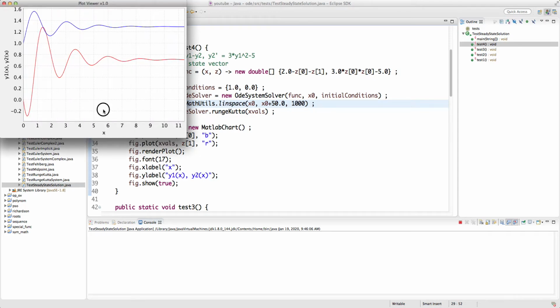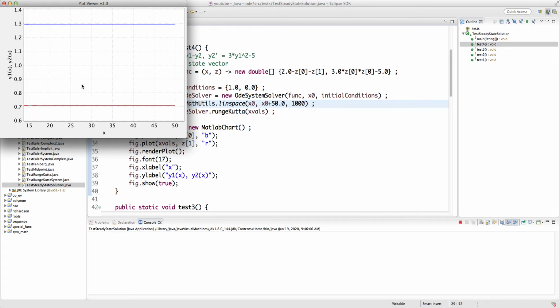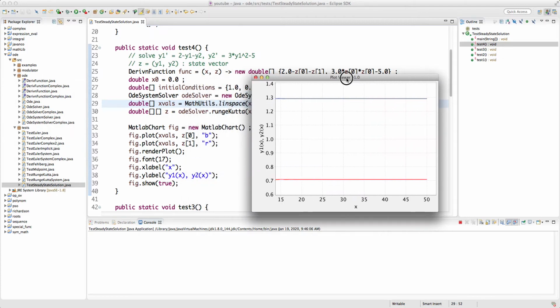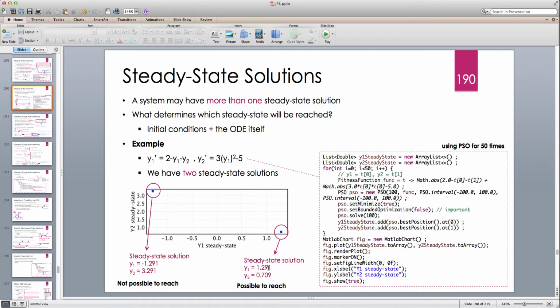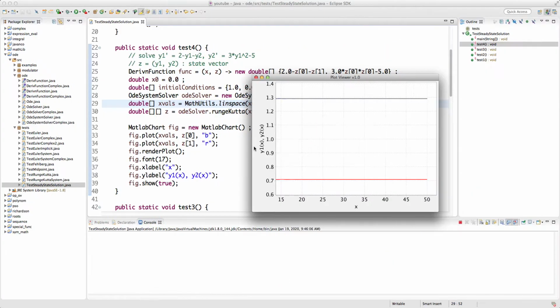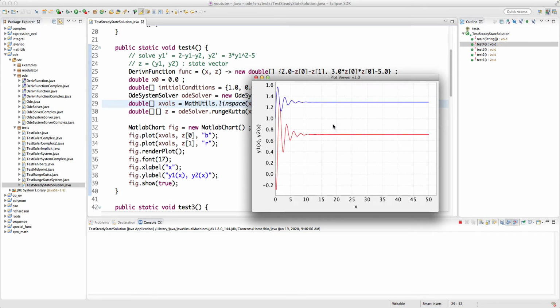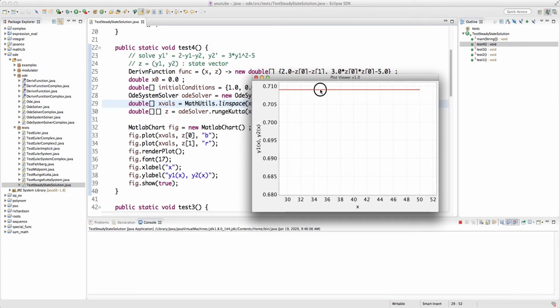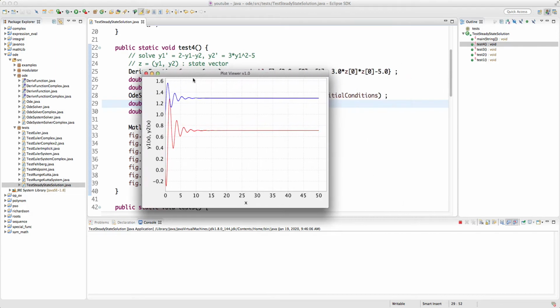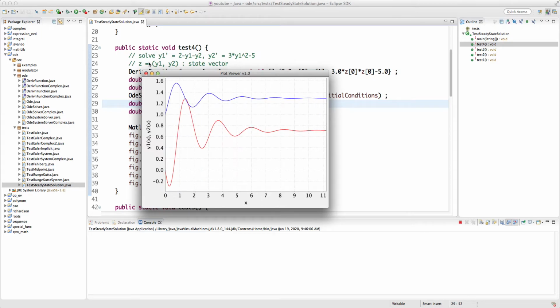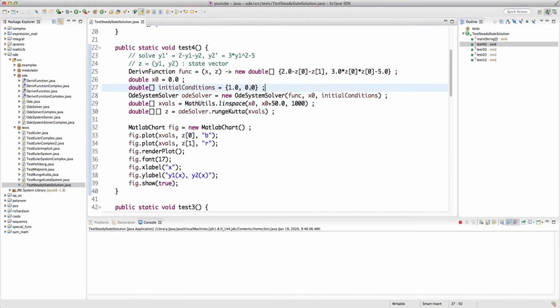See, we have the oscillations and we reach the steady state. One of the steady states is 1.291, and the other one is 0.709, okay? And we have some oscillations around, and so let's change the initial condition, for example to -1.